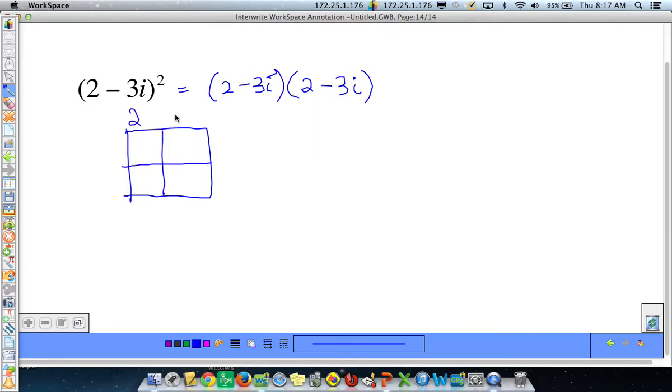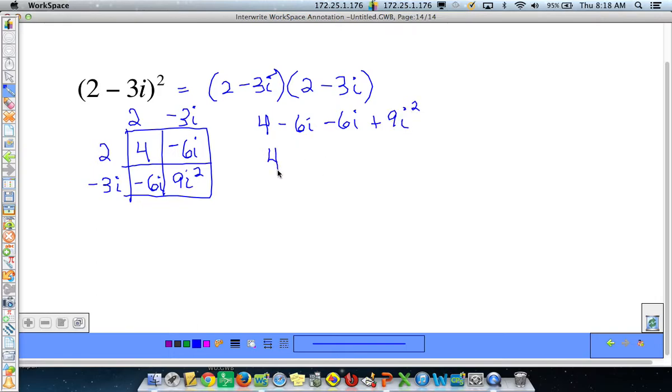So I'll put 2 minus 3i on each side of my box and multiply it out. 2 times 2 is 4. 2 times negative 3i is negative 6i. Negative 3i times 2, negative 6i. And positive 9i squared. Write out the terms that you get. 4 minus 6i minus 6i plus 9i squared.